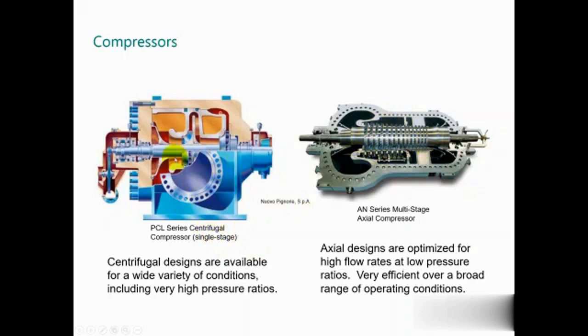The big difference is that the centrifugal compressors are designed for a high pressure ratio, and the axial are designed for high flow. The purpose of the compressor is to increase the pressure of the gas.